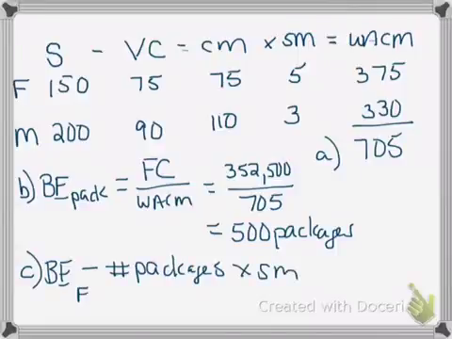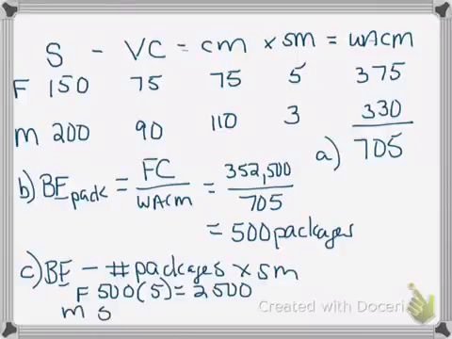So for F, we would take the 500 packages, multiply it by 5 in each package, so that means we would have 2,500 F windows. For M, we would take the 500, multiply that by the 3 because that was the sales mix number for M, and so we would need to produce 1,500 M windows. So this is what we would be looking at as far as the individual units that we would have to produce in the sales mix.